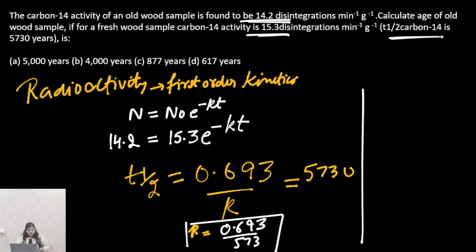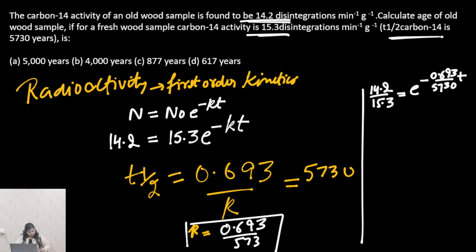So we will get 14.2 upon 15.3, which is equal to e raised to the power of minus 0.693 upon 5730 into the time t.